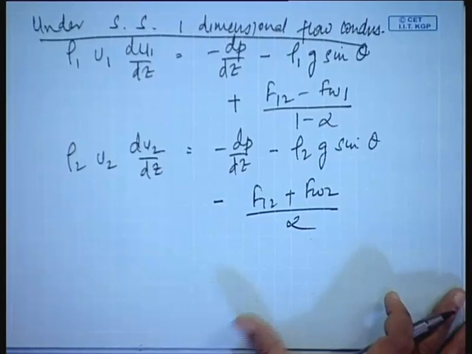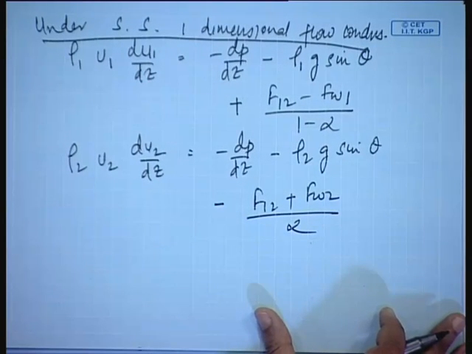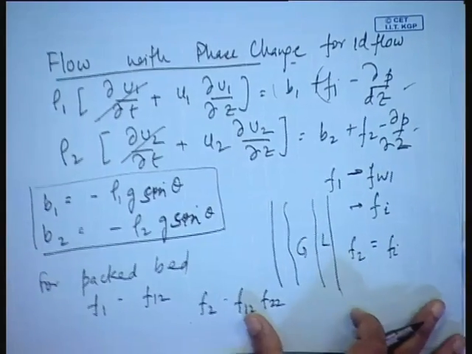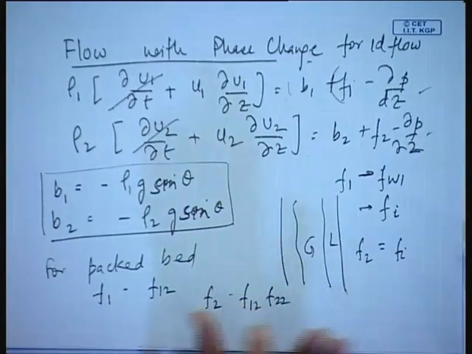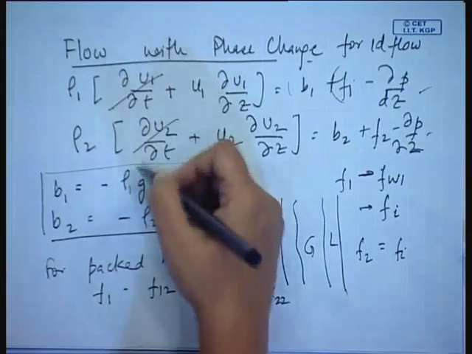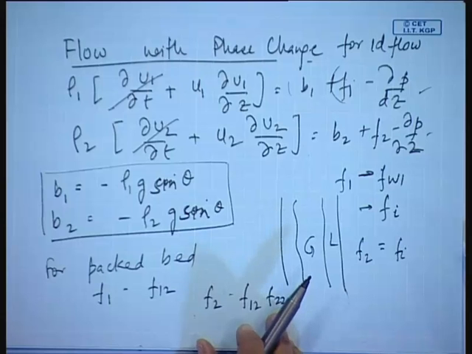Now, you tell me, when there is change of phase, what do you expect? What is going to change in these particular equations in order to account for the change of phase? Same thing, one dimensional flow, you take up steady state conditions also, so that these cancel out, and you tell me what is going to change when there is change of phase.